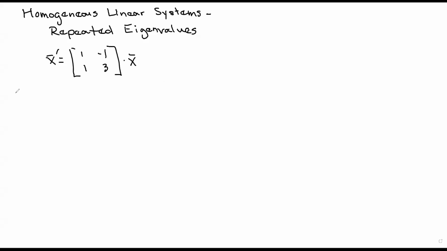Just like in the last two videos, we start off by picking for x, xi e to the rt, and then x prime equals xi r e to the rt. Take these and plug them in.